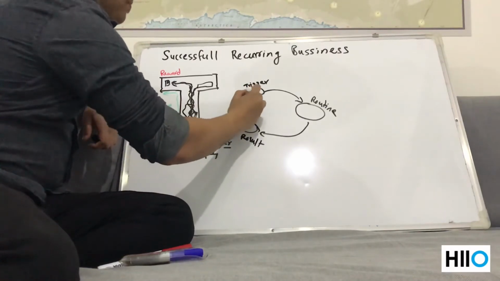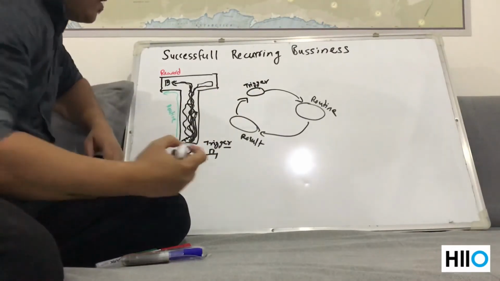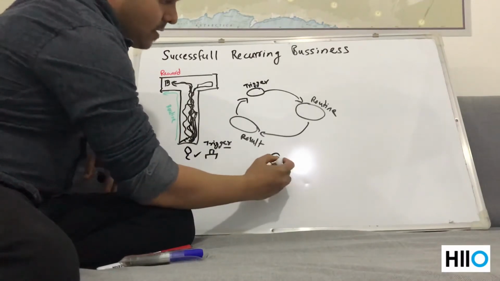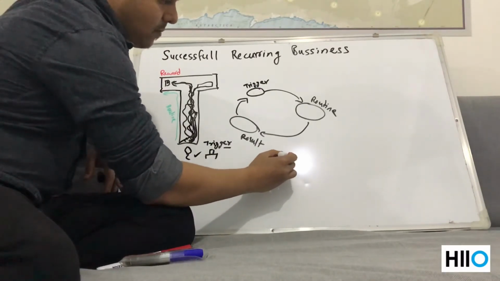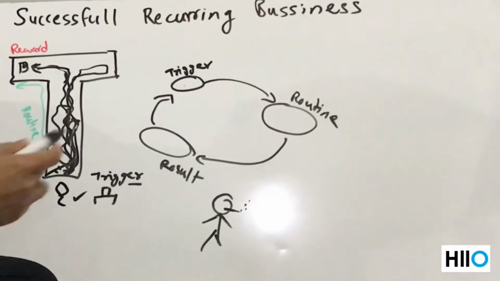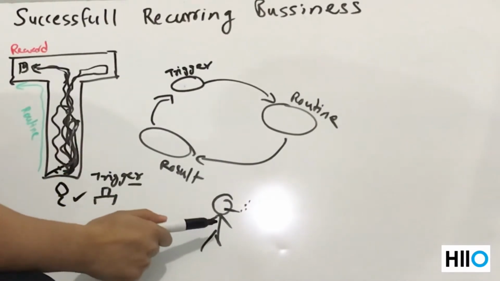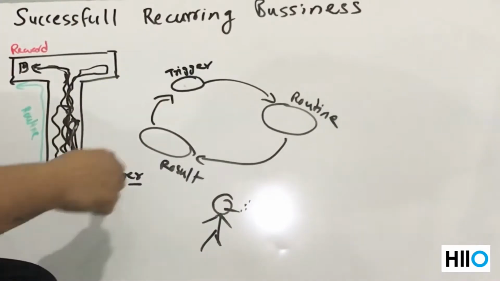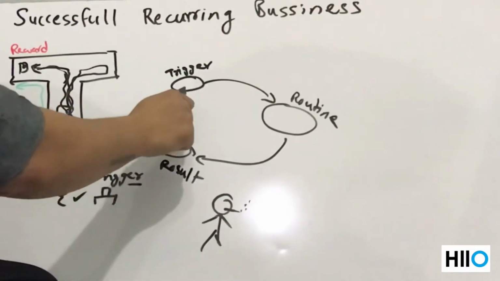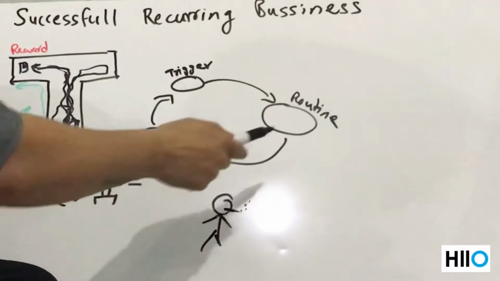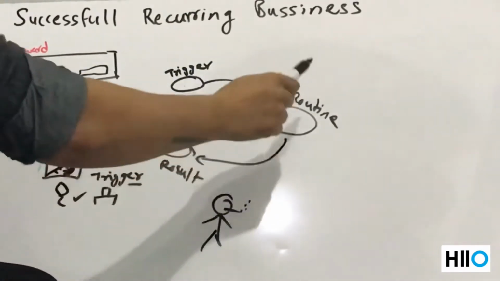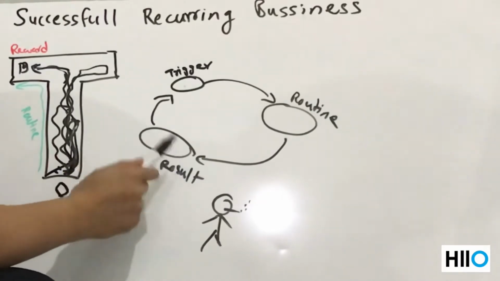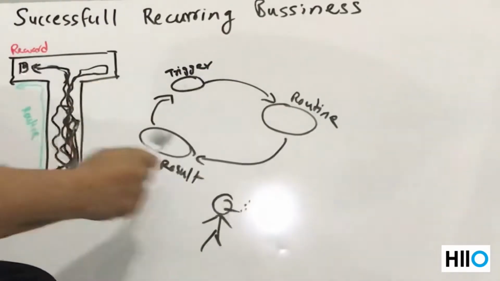The best example is somebody who is stressed and wants to smoke. Whenever that person has stress, that's the trigger. Then he goes and buys a cigarette and smokes it. That smoking results in relaxation. That is how it works.